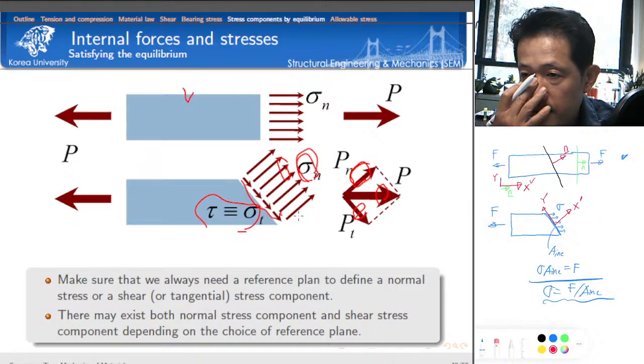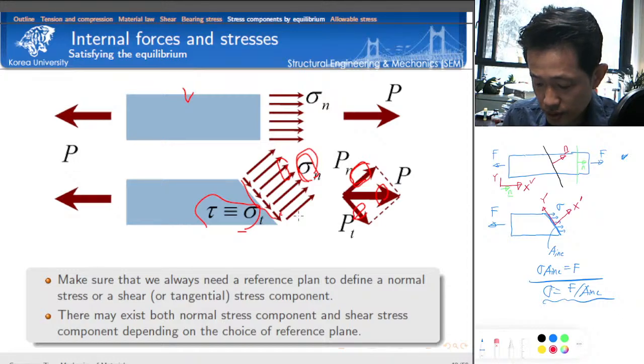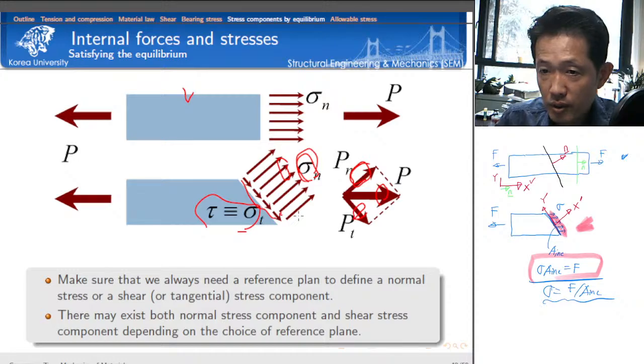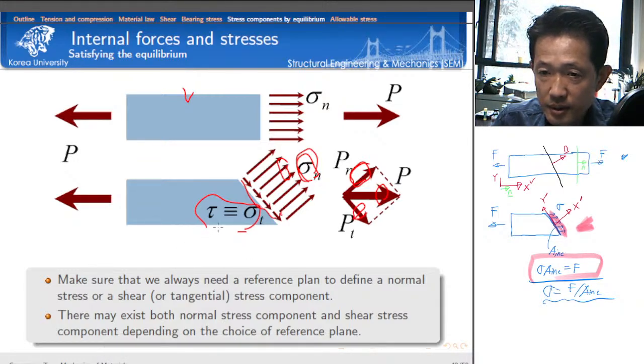And then the key point that you have to understand is why we need to consider the normal stress and the shear stress instead of this inclined stress component. Actually this is exactly the same as before, that definition satisfies the force equilibrium condition, no difference. But what we want to consider is a certain choice of coordinate system.